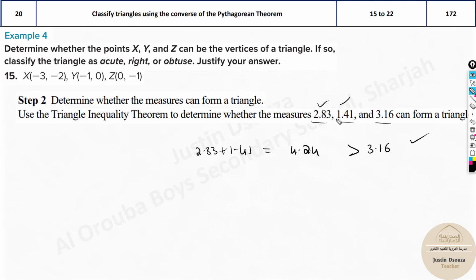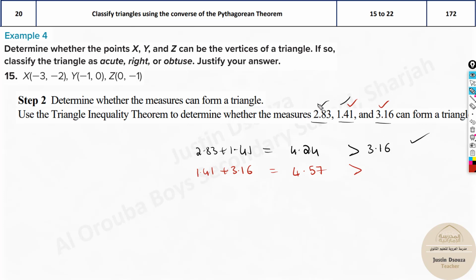Now this is done. These 2 sides are done. Take another 2 sides. Let's take this and this. So add them both. Here it will be 1.41 plus 3.16. That is equal to 4.57. This is greater than the other side.